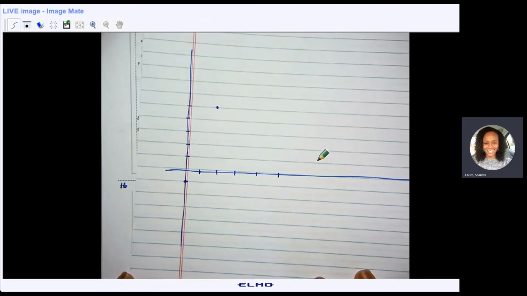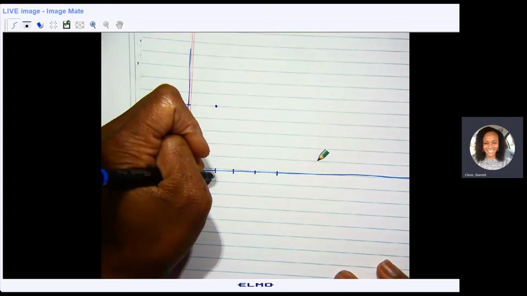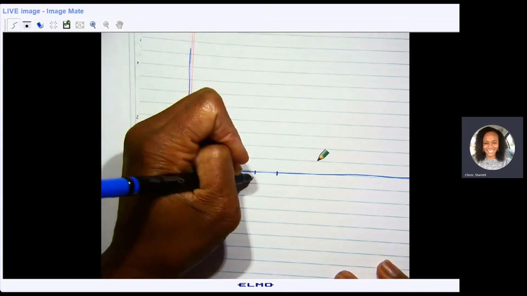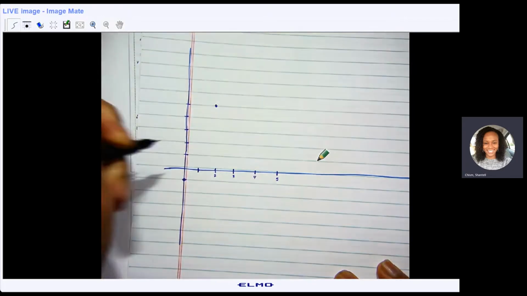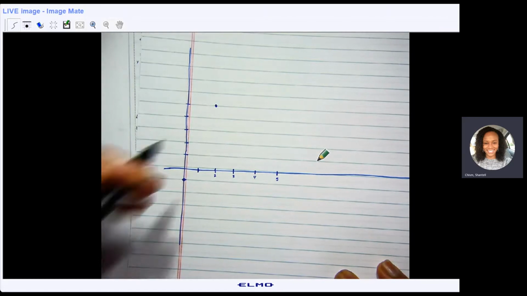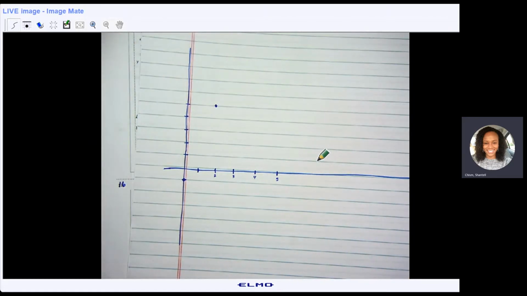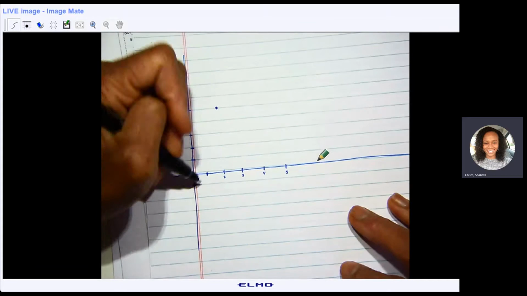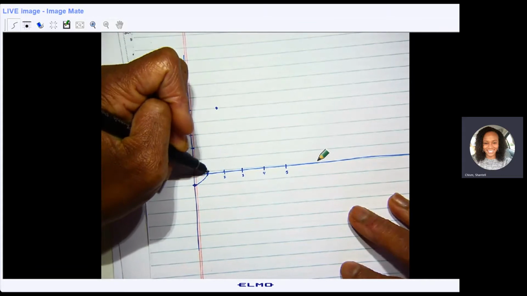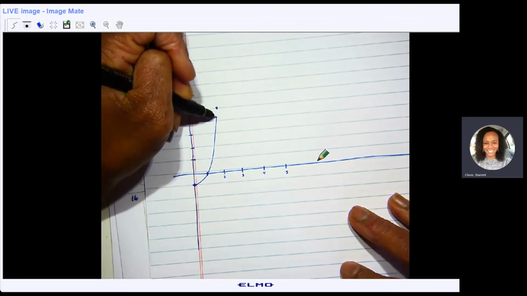Okay? So at 4, this is 2, 3, 4, 5. So remember, we're dividing the region into subintervals. I'm trying to do a sketch. Oh, where's my graph?